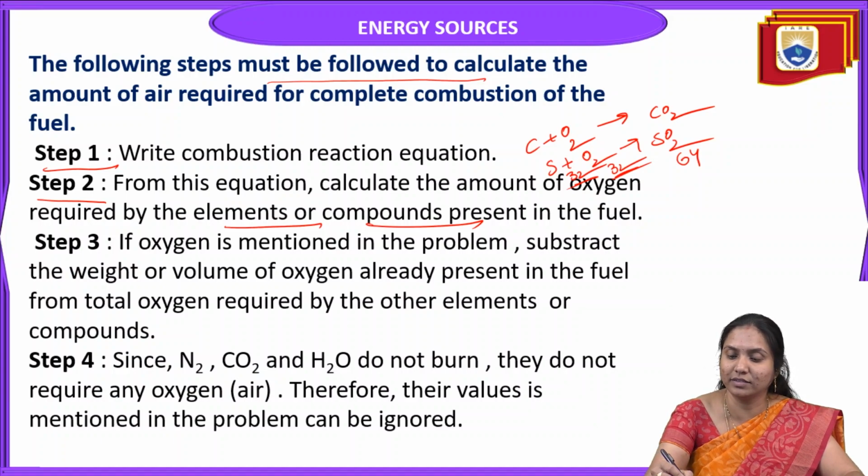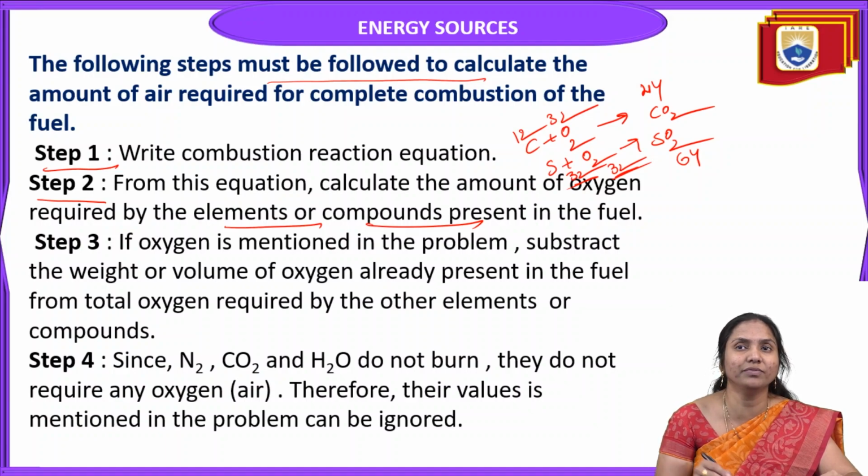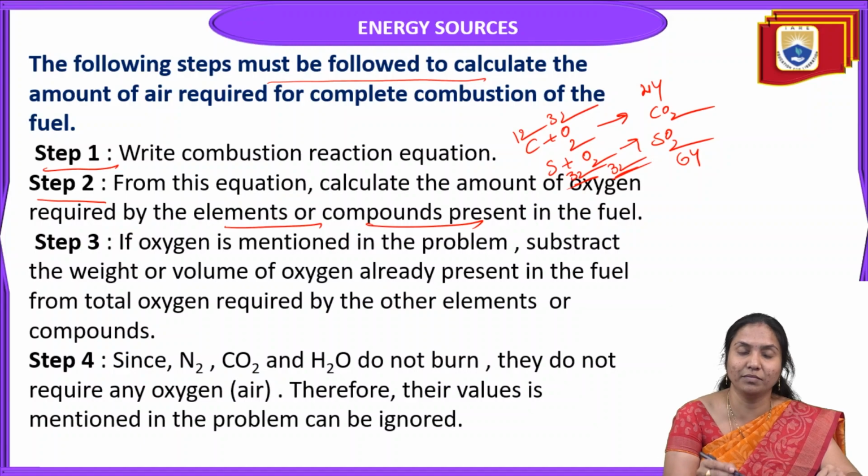Or, for example, carbon's molecular weight is 12, oxygen is 32 and carbon dioxide is 44. So 12 kg of carbon requires 32 kilograms of oxygen for burning. That is the meaning of step 2.